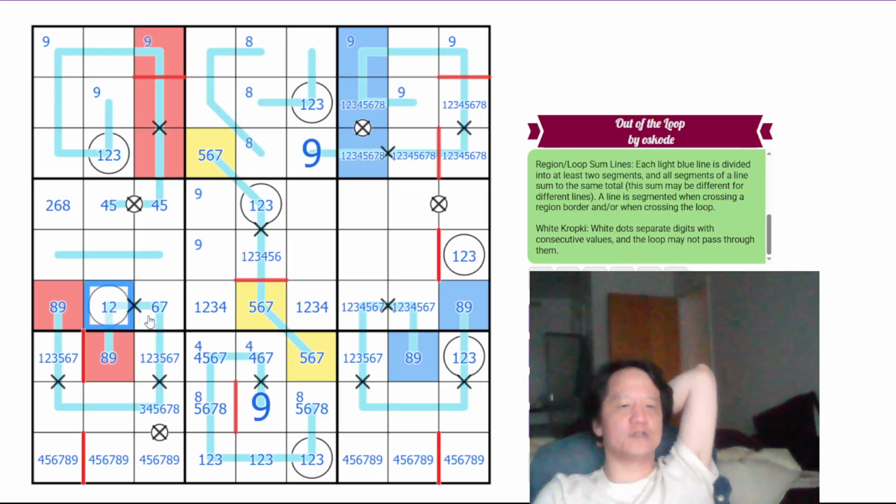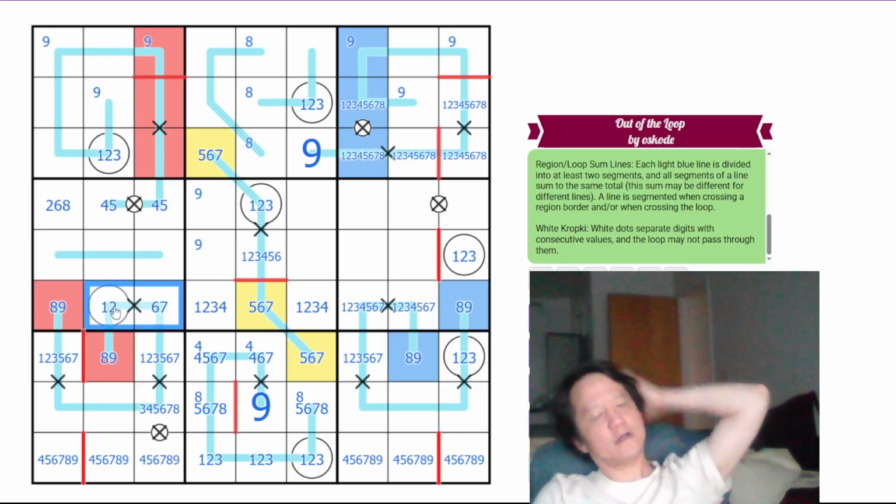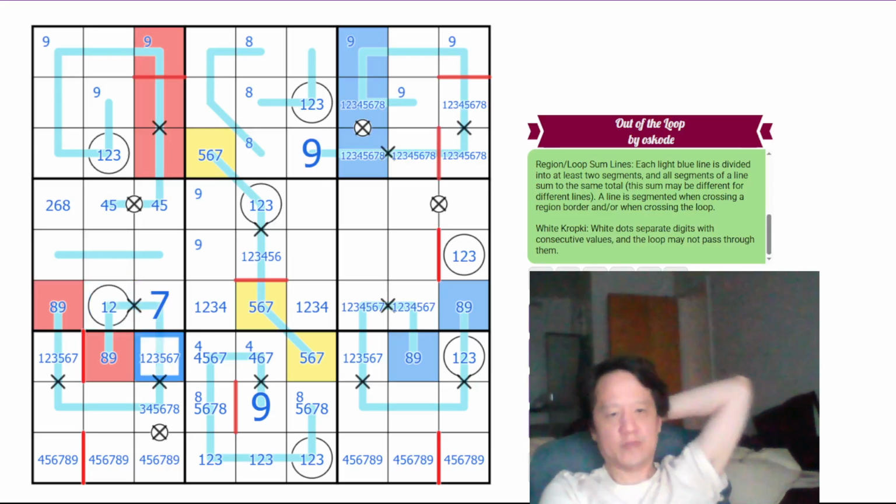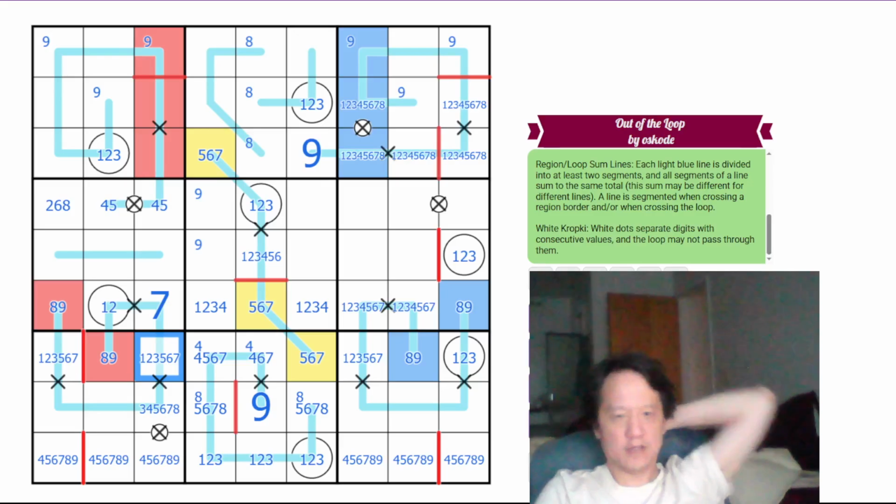So if this is 2 and 6, that would necessarily have to make this 8, but then that would eliminate all possibilities for that cell. So this can never be 6. This has to be a 7. So it's either 1 with 7 or 2 with 7 here. Therefore, this cannot be 7 here.